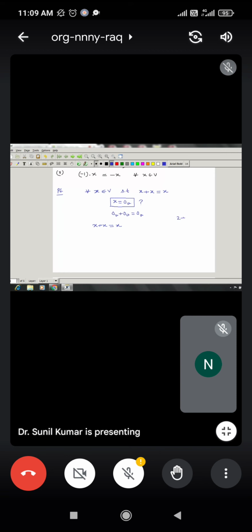You're talking like this, right? If we take 2 plus 3 equal to 5, then we can say that 3 equals 5 minus 2. Yes sir. You can do it directly because we know that, but how can we calculate this?